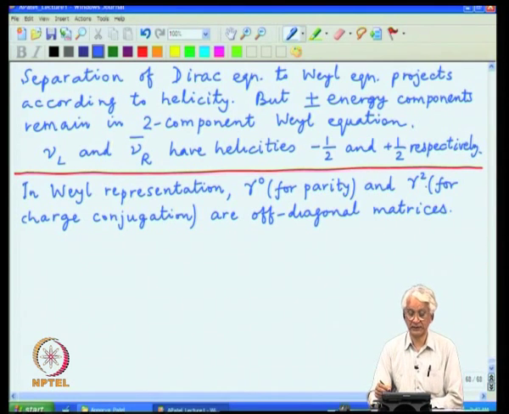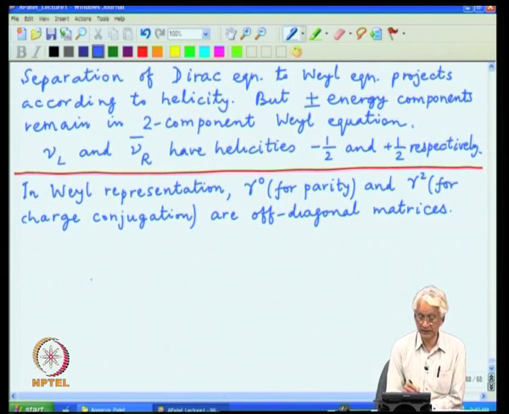The charge conjugation retains the same structure for the transformation, because just as in the Dirac representation only gamma 2 is a matrix which is imaginary, and since the charge conjugation transforms involved a complex conjugate, only that degree of freedom corresponding to gamma 2 transforming to minus gamma 2 star is important for charge conjugation, and so the transformation matrix remains gamma 2. Now, both these matrices are off diagonal matrices.